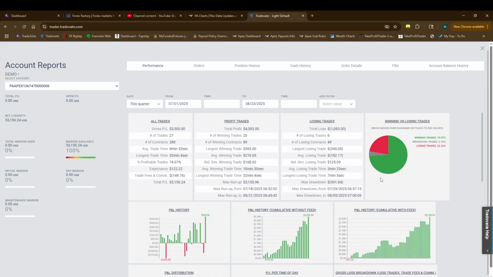I can anticipate whether I'm gonna be on the losing side or on the winning side, and that makes it much easier for me to be in and out and not be too emotionally attached to these trades when I take them, because not every trade I take is going to be a winner. As you can see, so far I'm 74% with a 22% losing trade percentage.